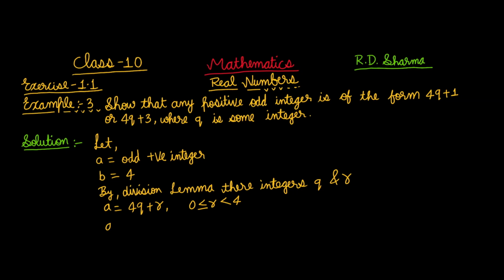So if r is 0, then it will be 4q, or if r is 1, then 4q plus 1, or if r is equal to 2, then 4q plus 2, or if r is equal to 3, then a is equal to 4q plus 3.